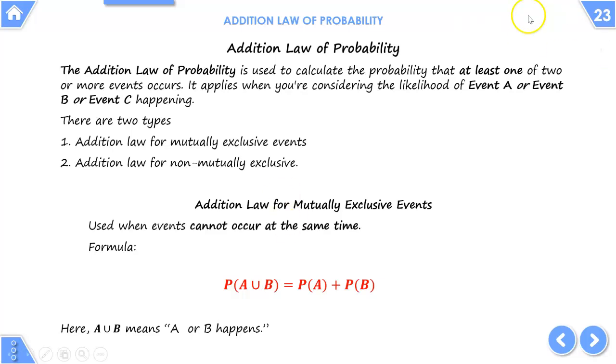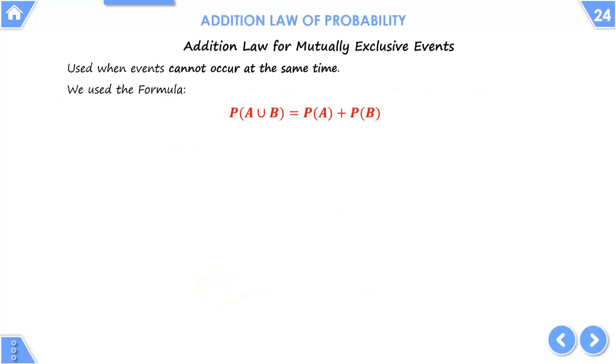You get it? Event A or event B or event C. Here A union B means A or B happens. So in probability, when you hear or, it means we are going to add the two probabilities. Take note of that.